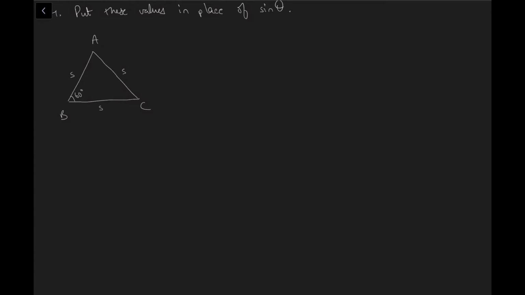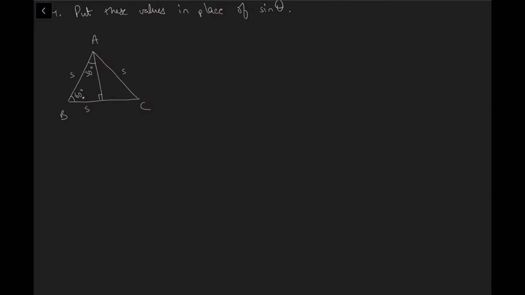Now I'm going to draw the perpendicular from point A for this triangle. So as we know, the perpendicular will have an angle of 90 and this angle is 60, so this angle must be 30 degrees because all the angles in a triangle add up to 180 degrees.